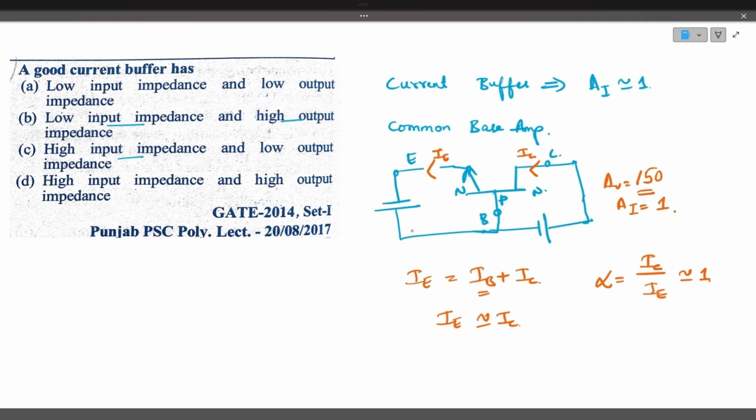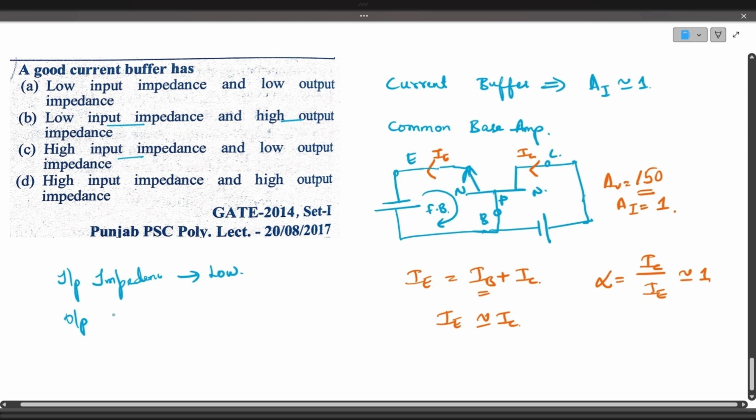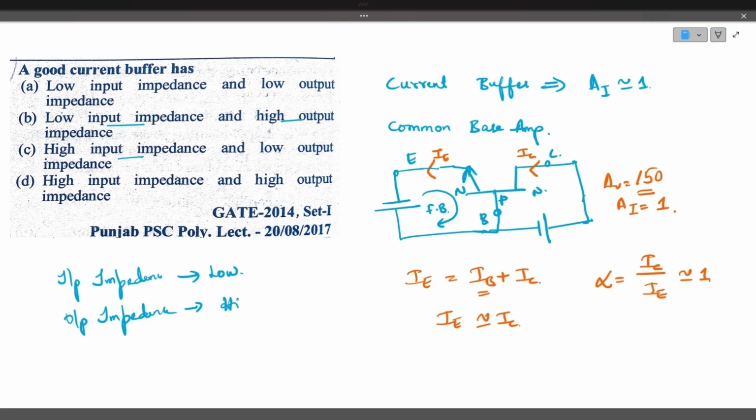So for this, if you observe carefully, as the input junction is forward biased, the input impedance is very, very low. Input impedance for current buffer device will be very, very low. Whereas the output impedance, as it is reverse biased, is very high. So answer is option B, low input impedance and high output impedance. Similarly, if he asks for voltage buffer, what is the answer?